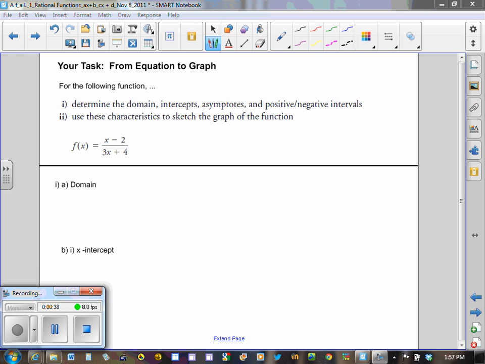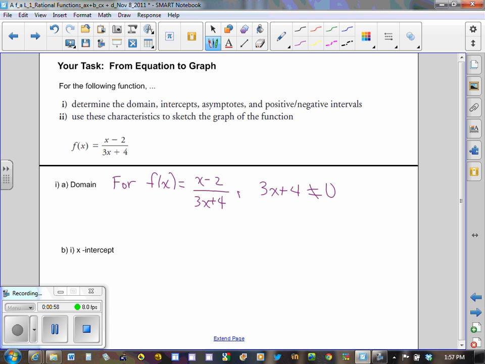Okay, so thus far, let's start with thinking about restrictions. For f(x), which is equal to (x - 2) / (3x + 4), recall that the denominator cannot be 0. So this is our restriction that we must place on the function.